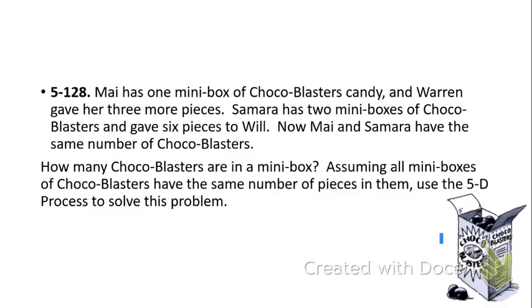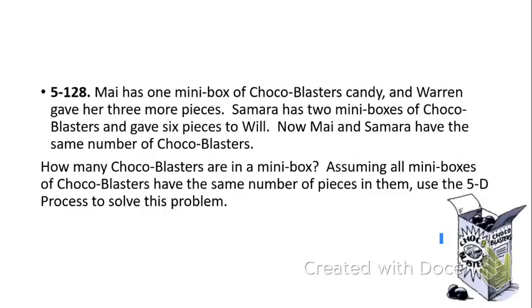Okay, so this is problem 5-128. Make sure to write that on your paper, 5-128. This is our first problem. Mai has 1 mini box of Choco Blasters candy, and Warren gave her 3 more pieces. Samara has 2 mini boxes of Choco Blasters and gave 6 pieces to Will.